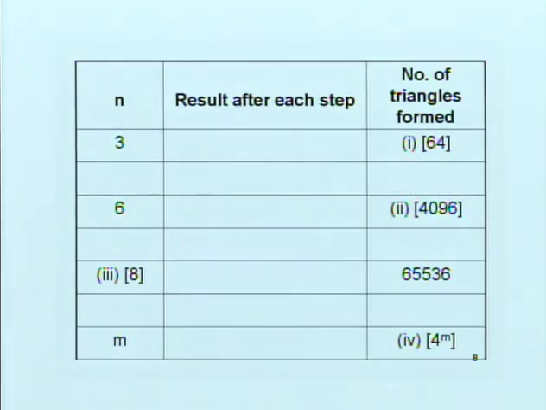Now, in that formula 4 to the m power, if we replace m by 8 and use the power function on your calculator, you will end up with a result of 65,536. When m is equal to 6, again on your calculator you will have 4,096, and so you can try it for m equal to 3.